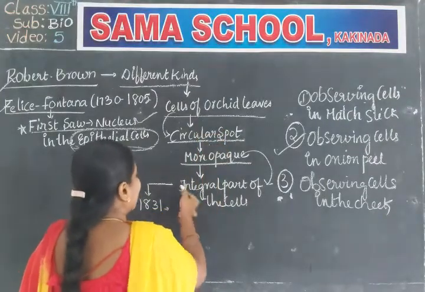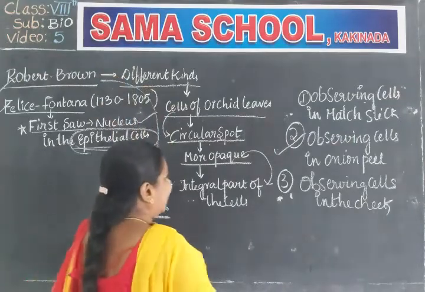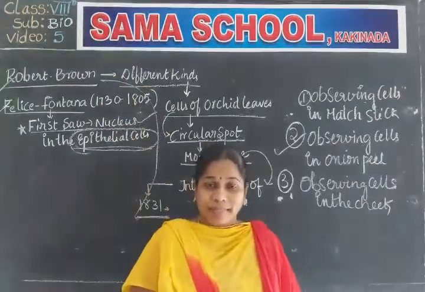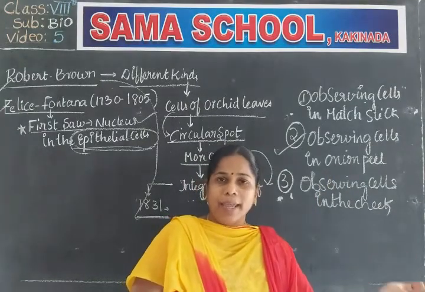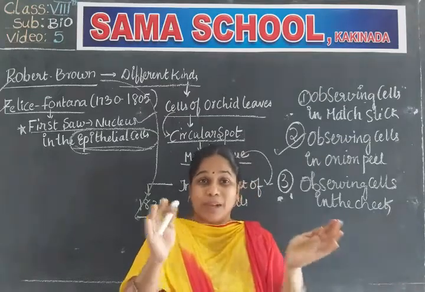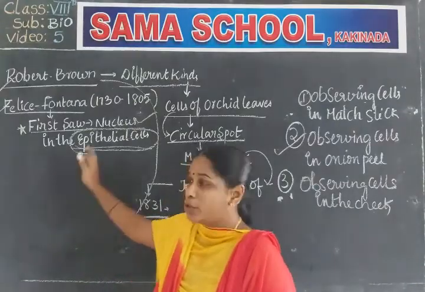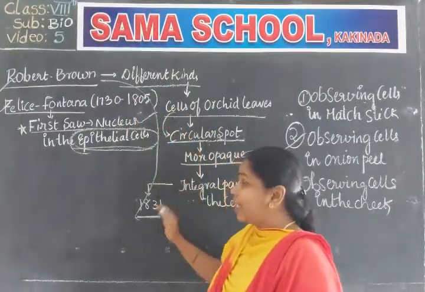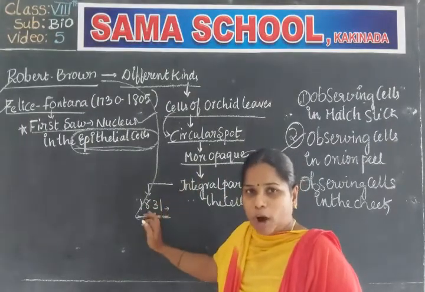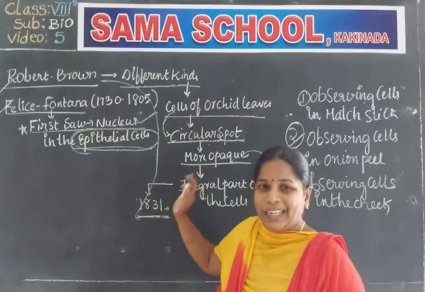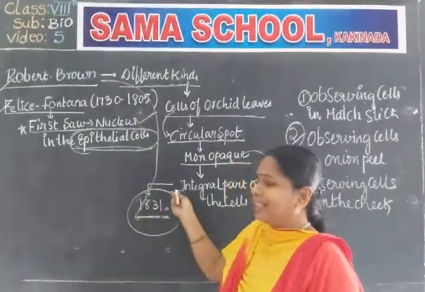That means the word nucleus was said by Robert Brown in 1831. In the 16th century the word cell was said by Robert Hooke. Later, 150 to 180 years later, Robert Brown, by his contribution and by observing, said that in the cell there is a circular spot, very opaque, and he gave the name nucleus in the year 1831.